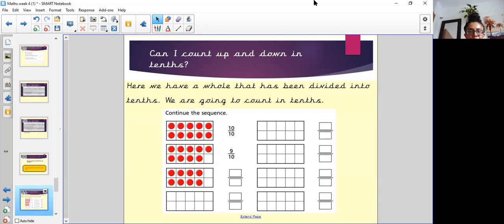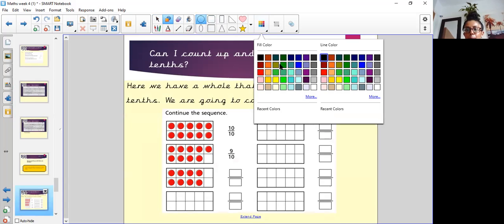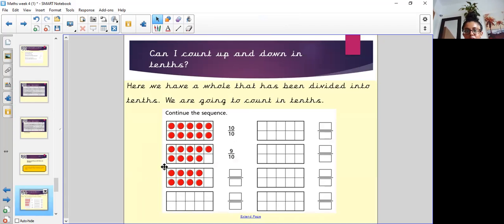So what I'm going to do is actually use the circle counter to do this. So let's see. We've got 10 tenths, 9 tenths, 8 tenths. Oh, I might have to do it a bit of a different way.